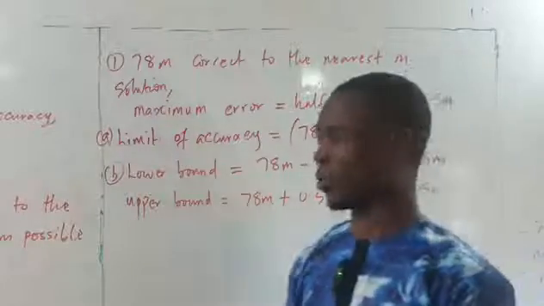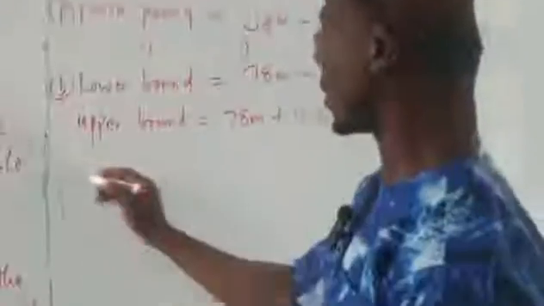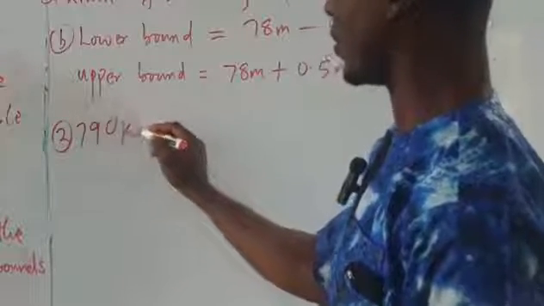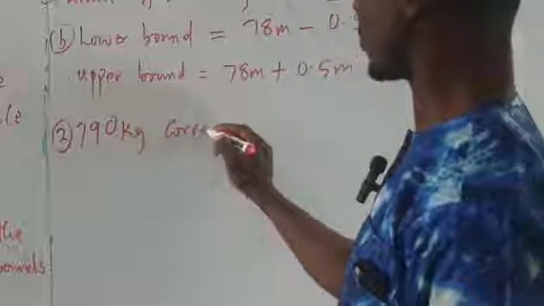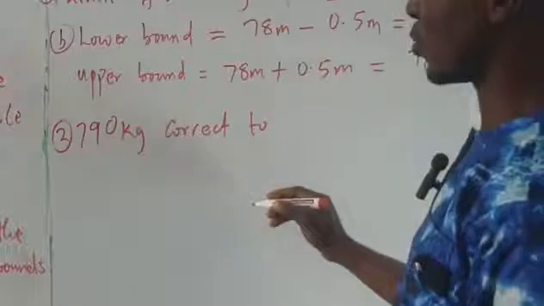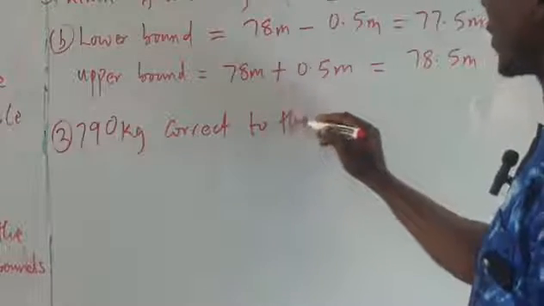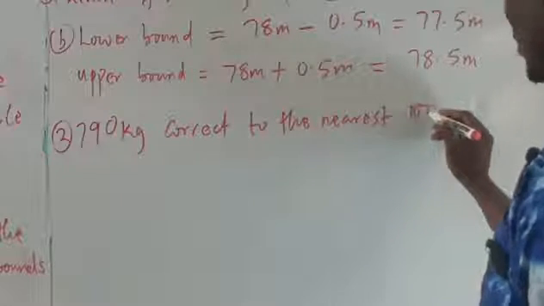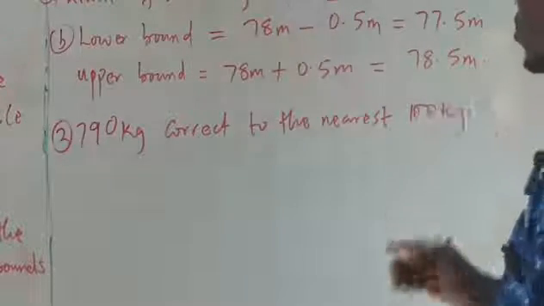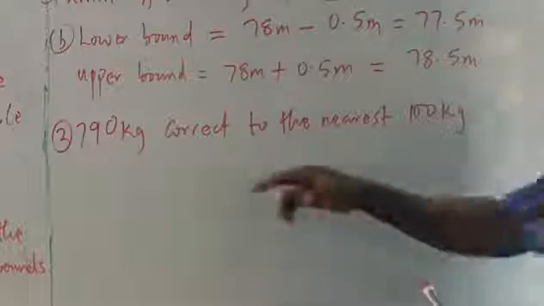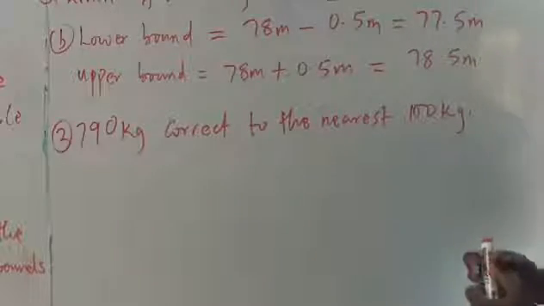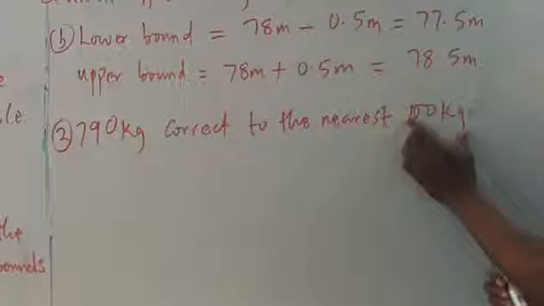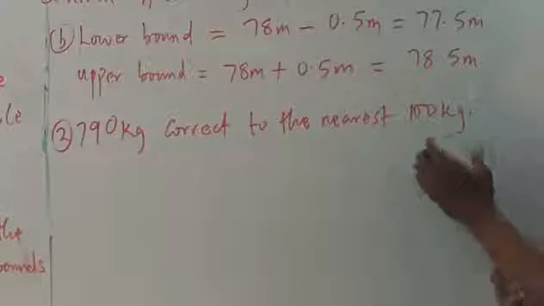Then we move to question 2. Question 2 says 790 kilogram correct to the nearest 100 kg. Since we are correcting to the nearest 100 kg, the number we are correcting to is 100 kg. Then what will be half of 100 kg? That is 50 kg.